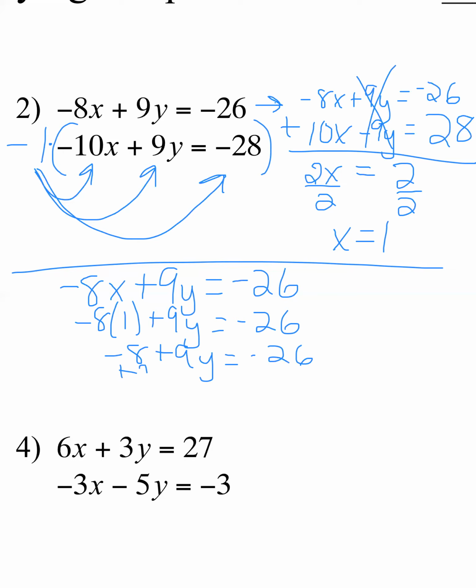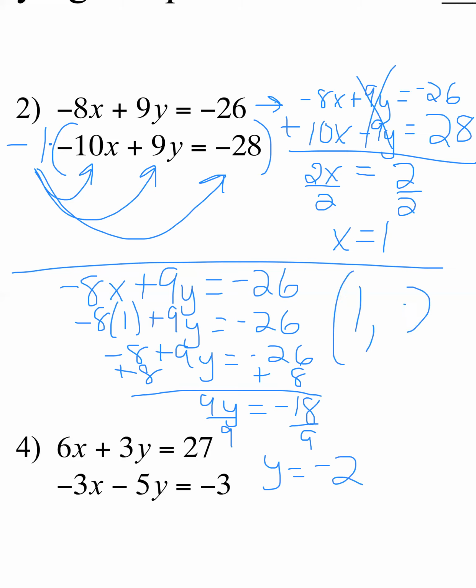I'll add 8 to both sides. So 9y is now going to equal negative 26 plus 8, which is a negative 18. Divide both sides by 9. So it looks like y is a negative 2. Put my answers together, 1, negative 2, and I'm done.